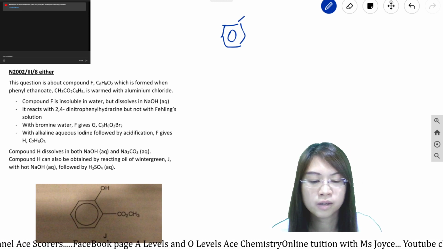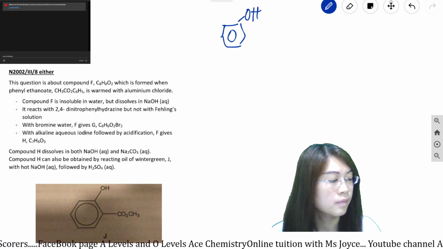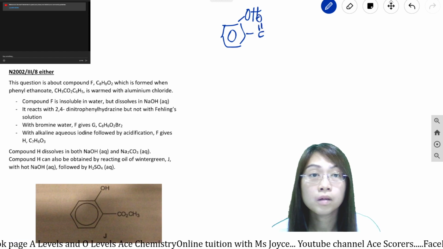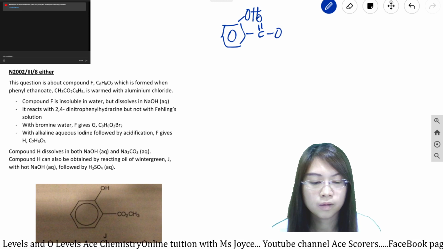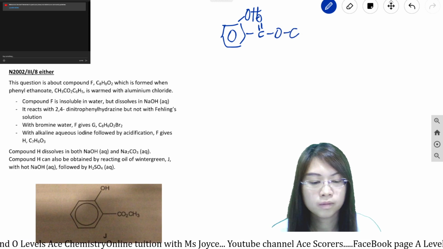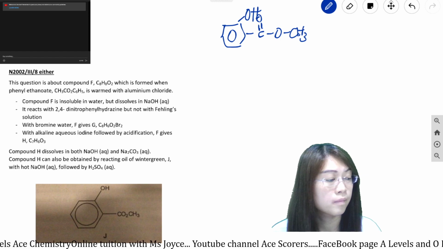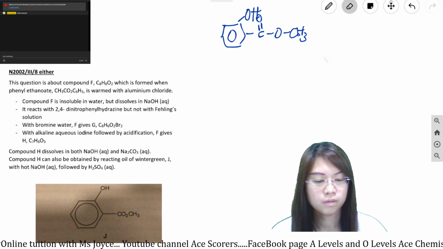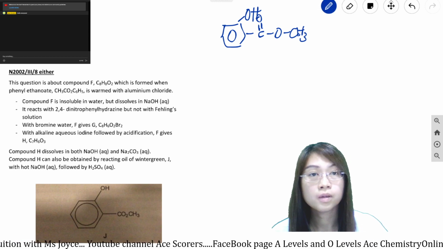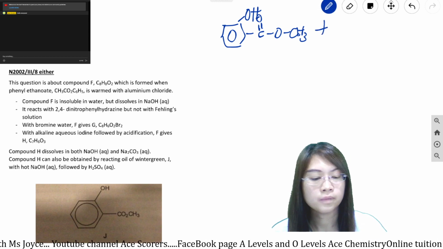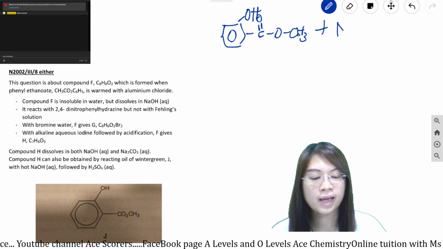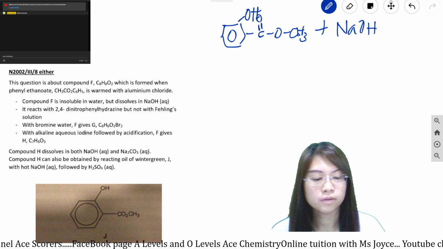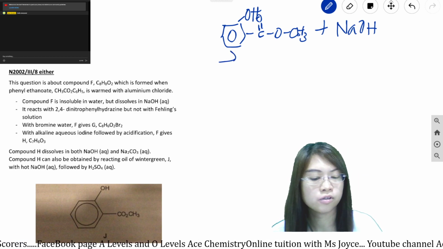Okay, let me draw the structure of J first. Alright, and you can see that you have to react it with sodium hydroxide, and this gives us the structure.